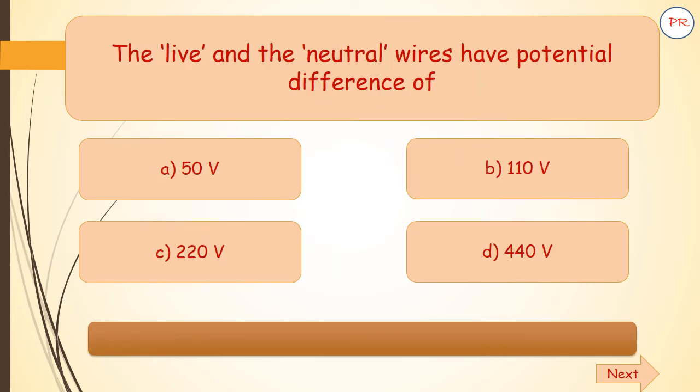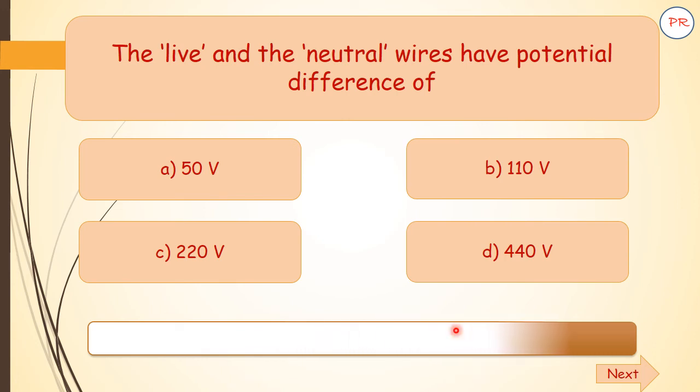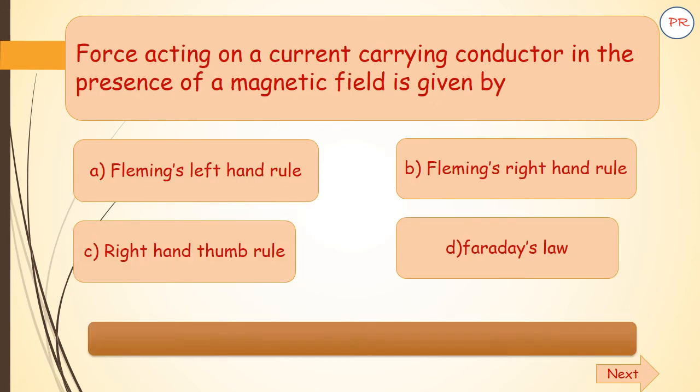The live and the neutral wires have a potential difference of A. 50 volt, B. 110 volt, C. 220 volt, D. 440 volt. The answer over here is C. 220 volt.